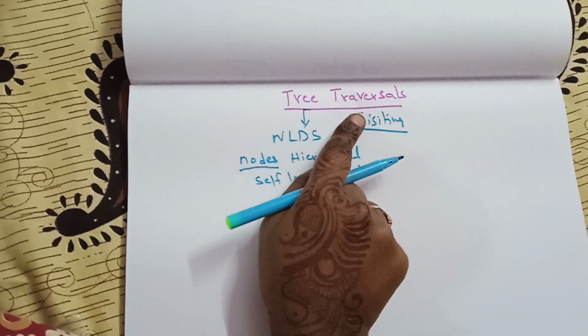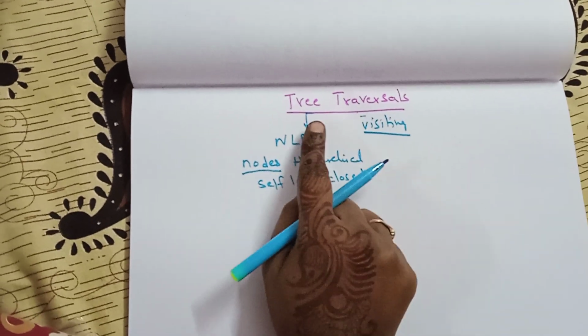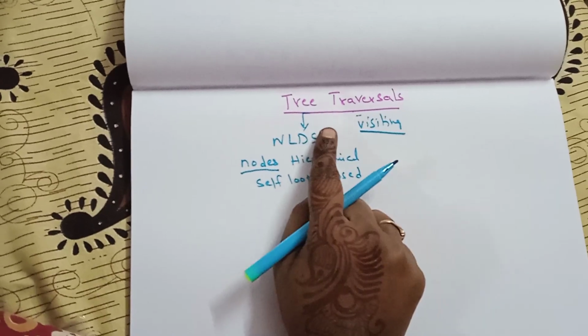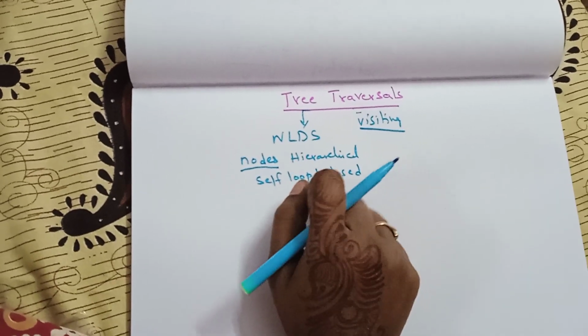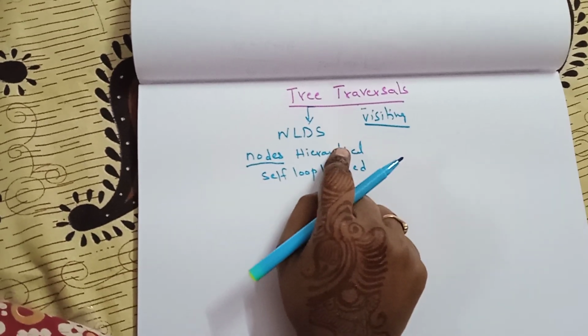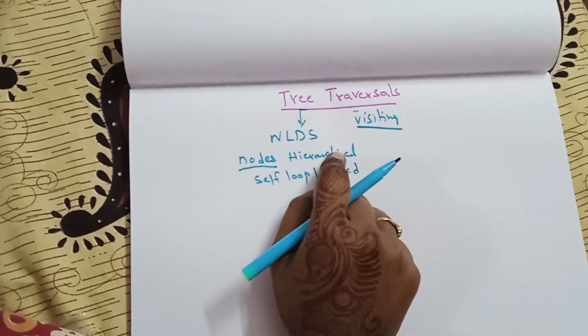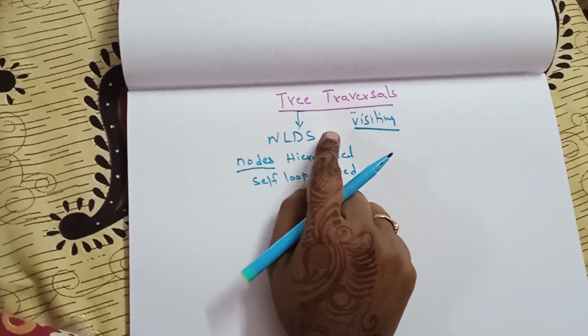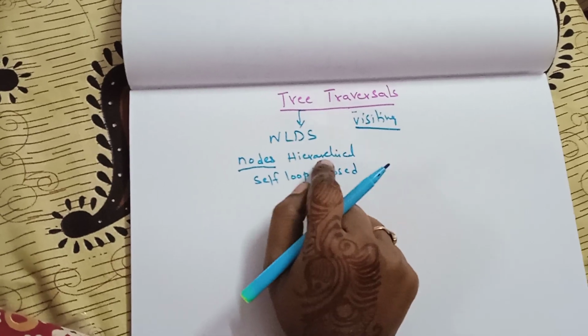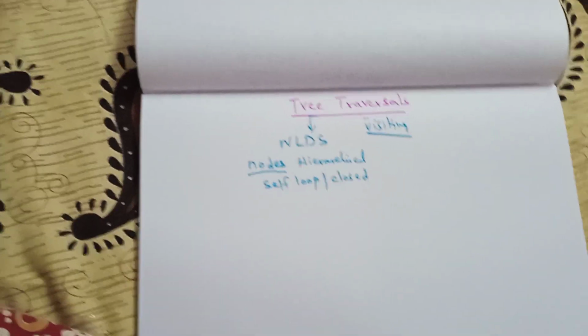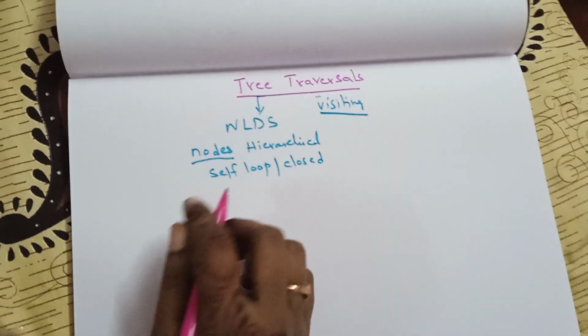So what is tree traversal? We'll be knowing how to visit the nodes in a tree. This concept will make you understand how we can visit each node in a tree.